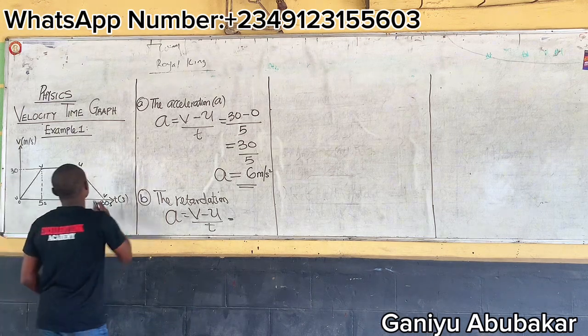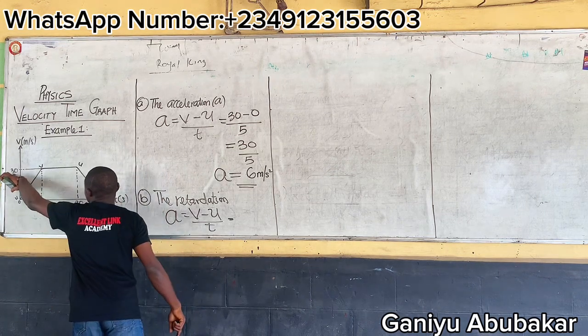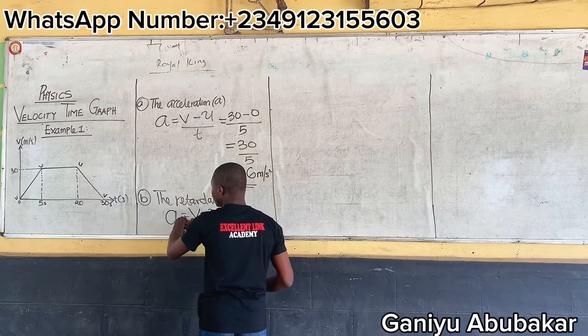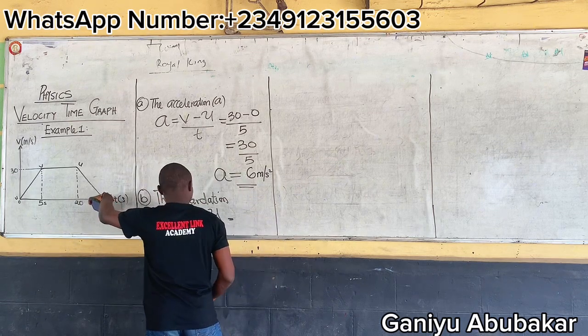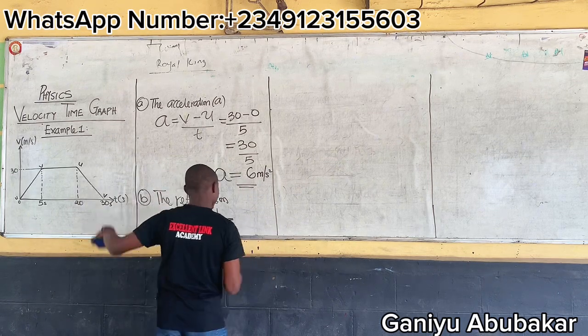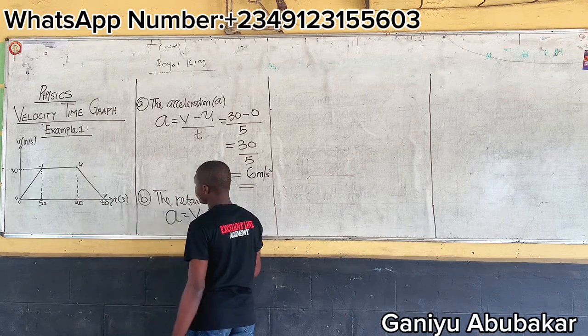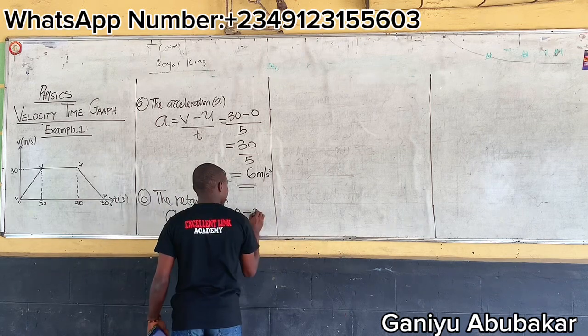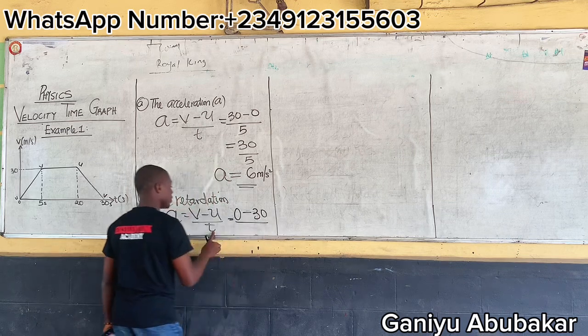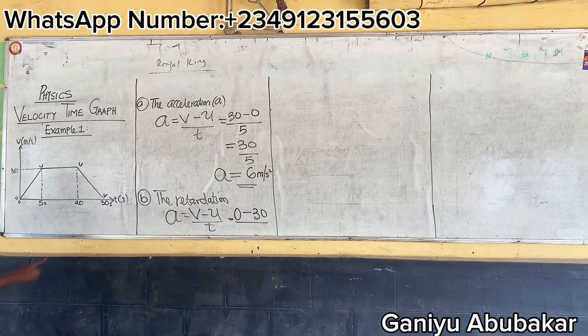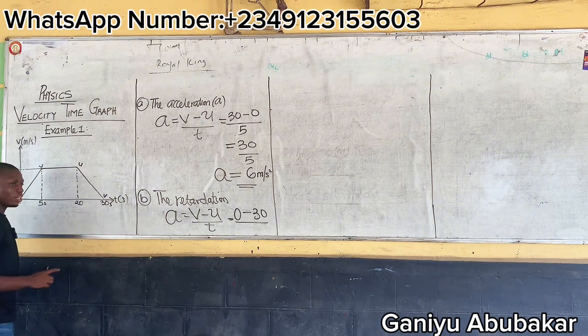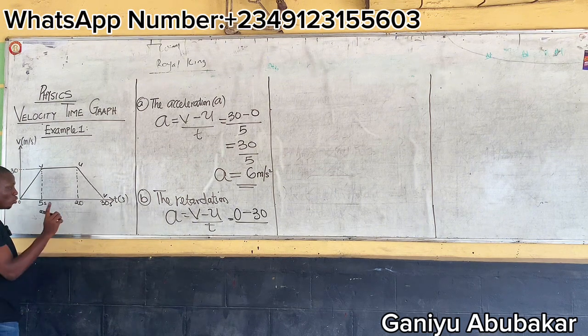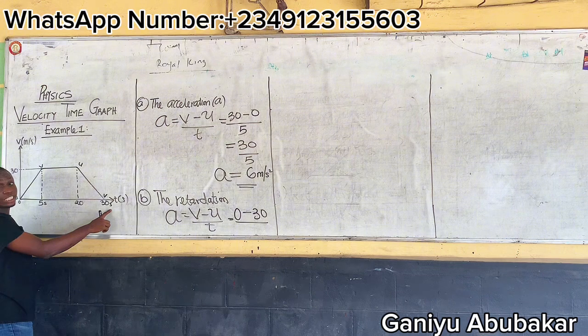So what's your V? What's your U? That's 30. So V is 0 here. Is 0 minus your U, 30. So I have 30 here, all over T. What's your T? Not 30, it's when we're adding it up.